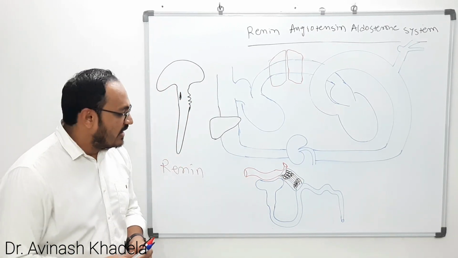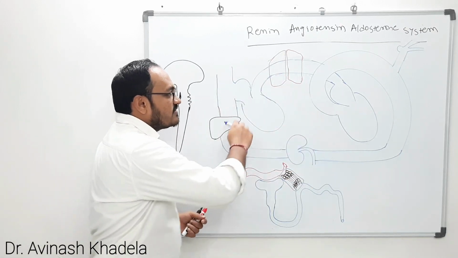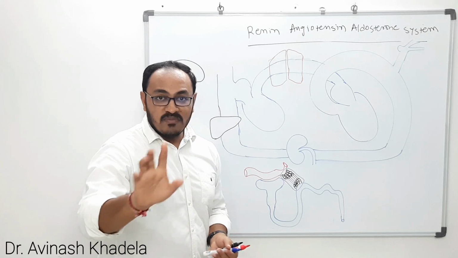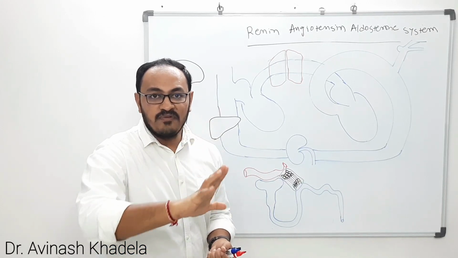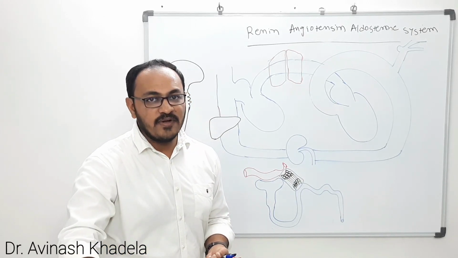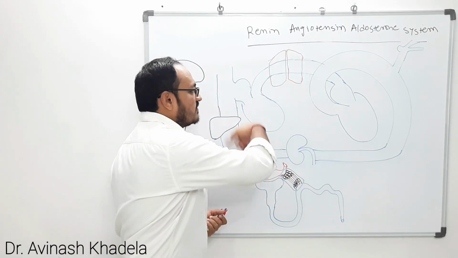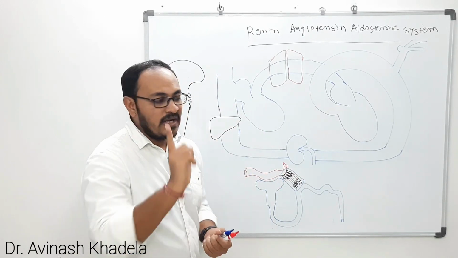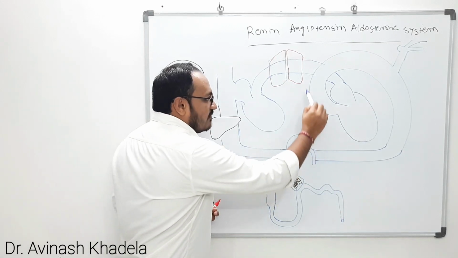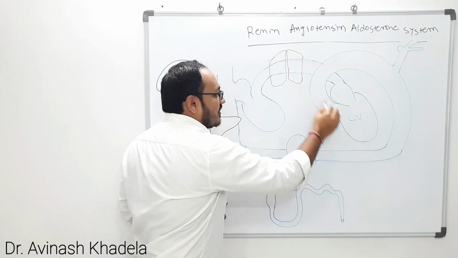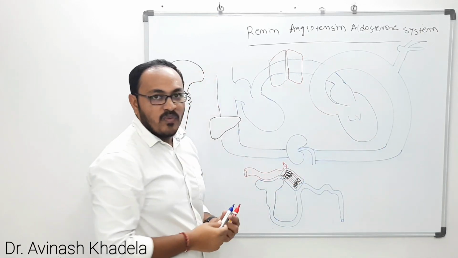First situation. This is a normal circulation of the human body. We discussed the normal circulation in the previous video; if you have not seen that video, go back and understand the normal circulation in the human body. Now, the oxygenated blood comes from the left ventricle to the vital organs.